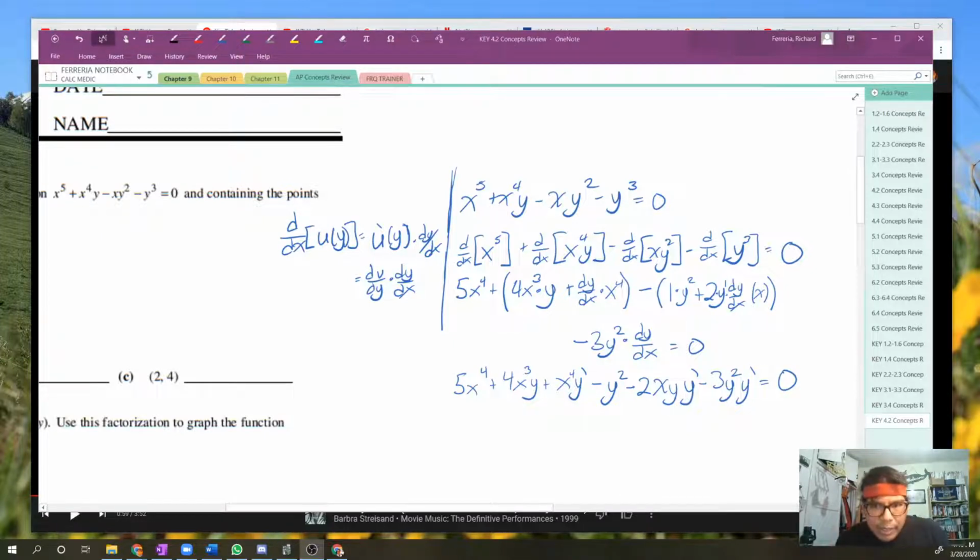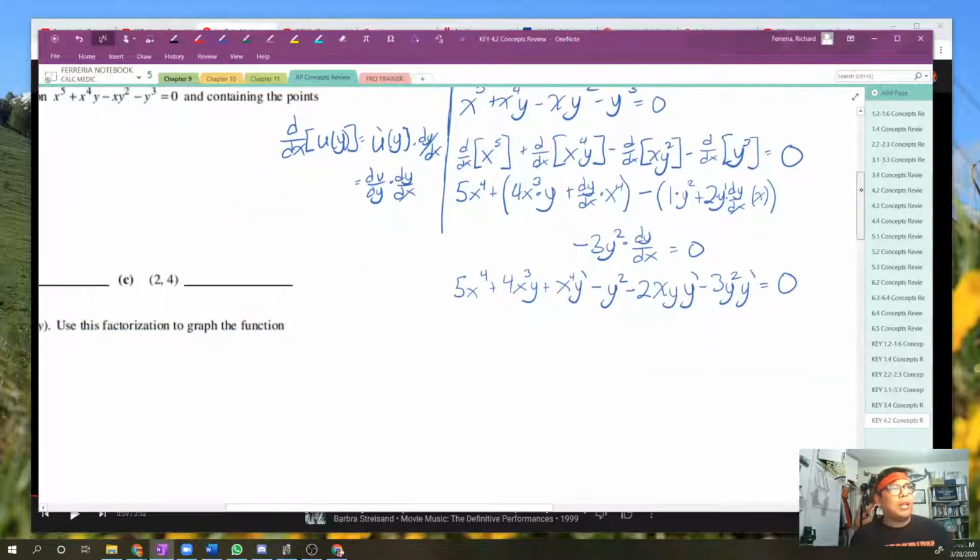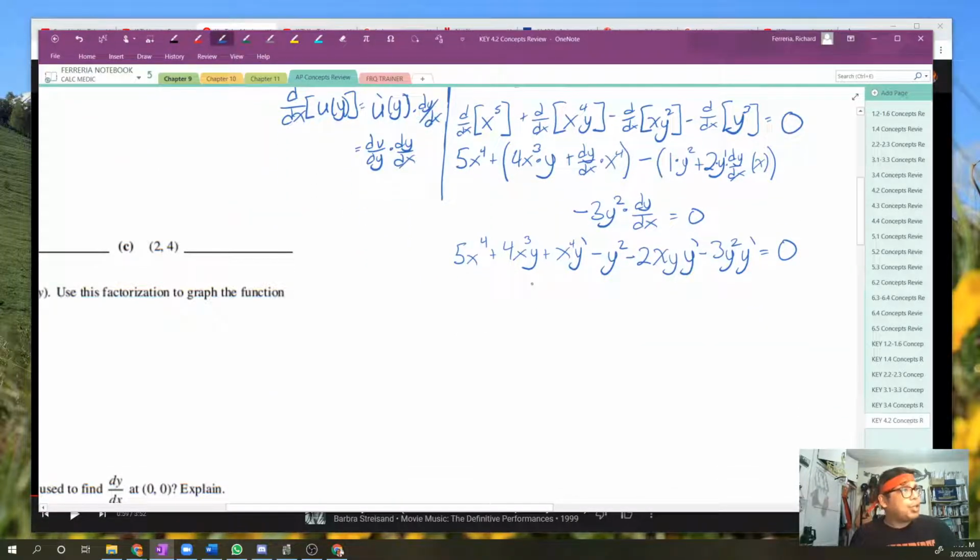Let's take everything that doesn't have a y prime and shove it to the left side of the equation. I trust your algebra is sufficient for me to just, well, first of all, take all of these terms that have a y prime: x to the fourth y prime, negative 2xy y prime, minus 3y squared y prime.